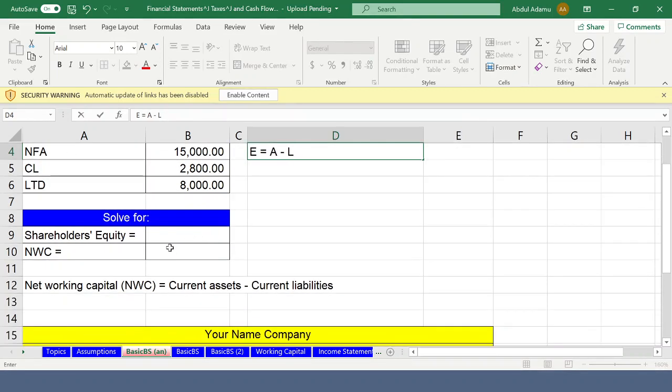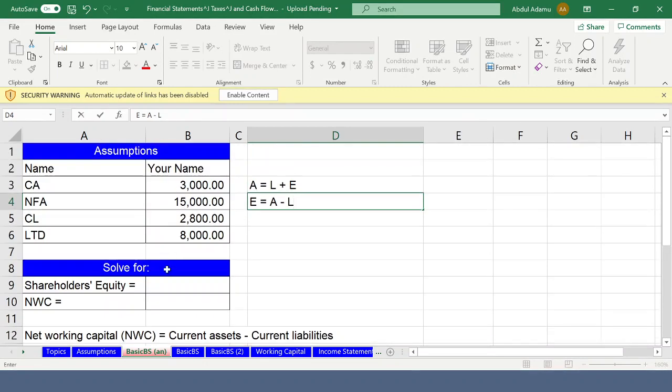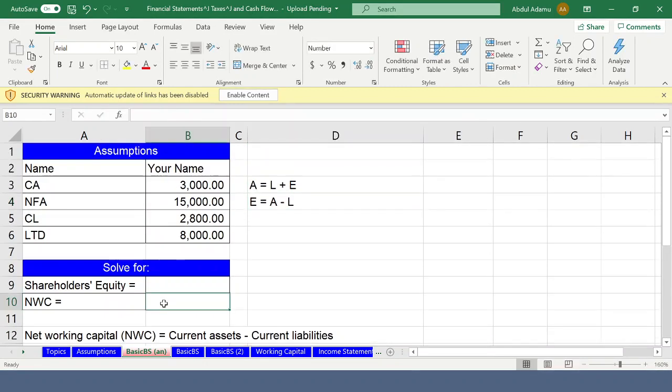So we do cell referencing, equals current asset, 3,000, minus current liability, which is 2,800. We press enter. So our net working capital is 200.